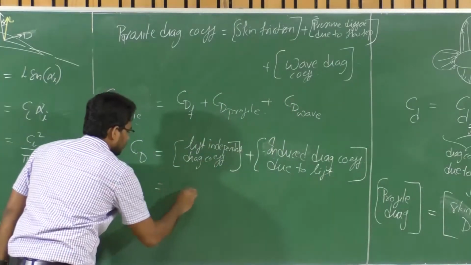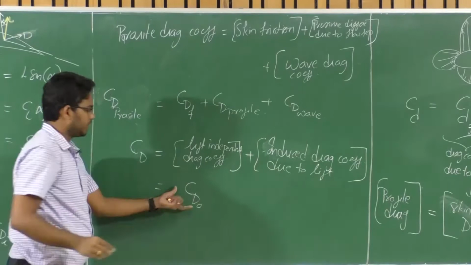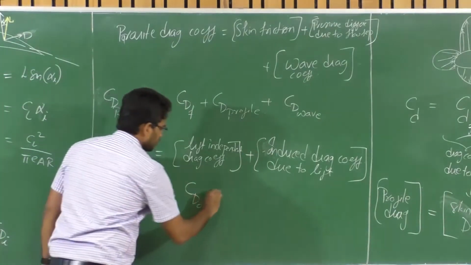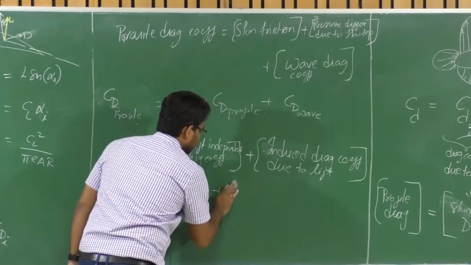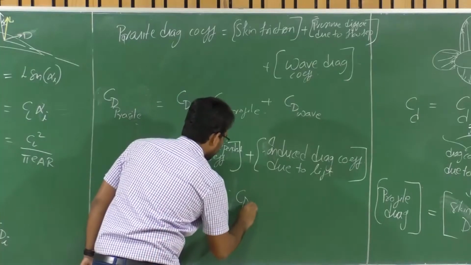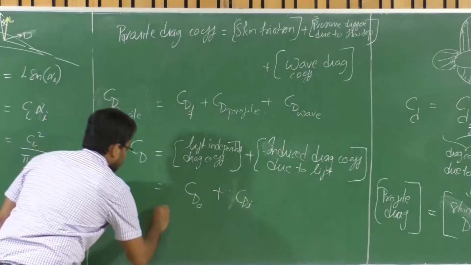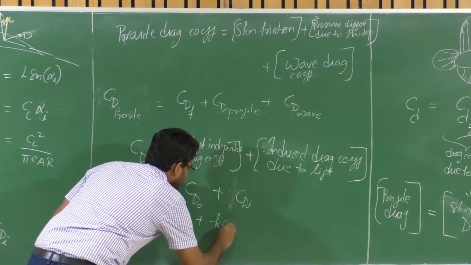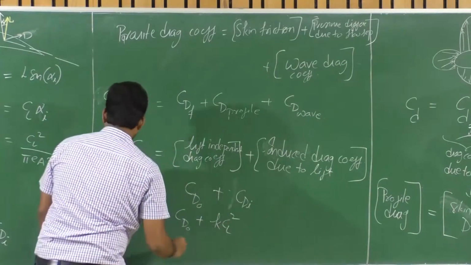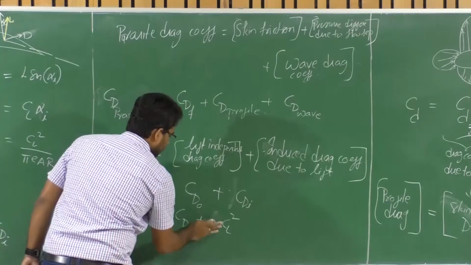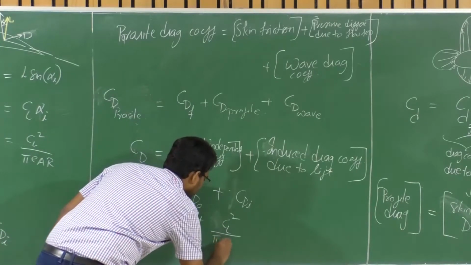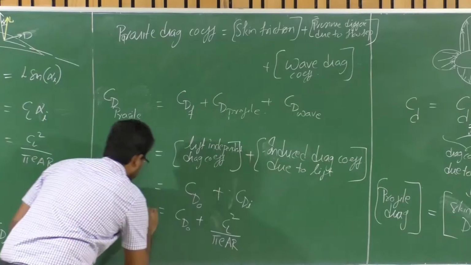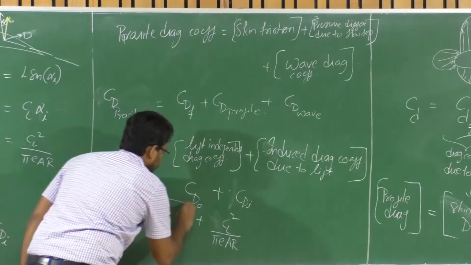So let me name it as CD naught plus, so what is this induced drag coefficient? CDI. Okay. So CD is equal to CD naught plus CDI, where CDI is given by K CL square, where K is CL square upon pi E AR. This is your drag coefficient.